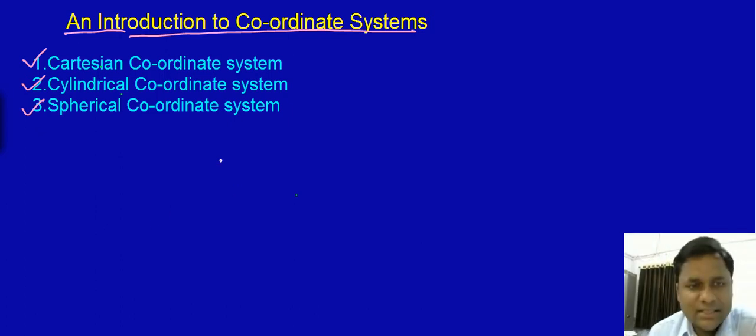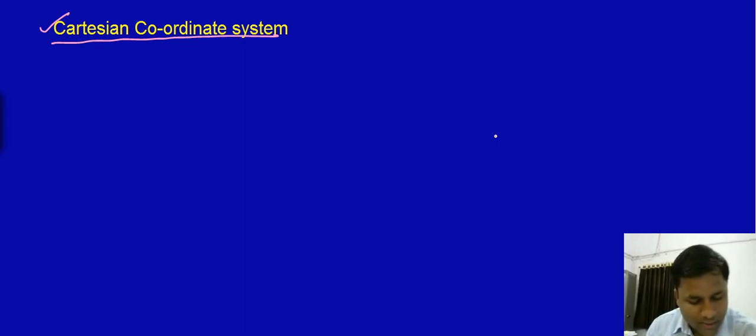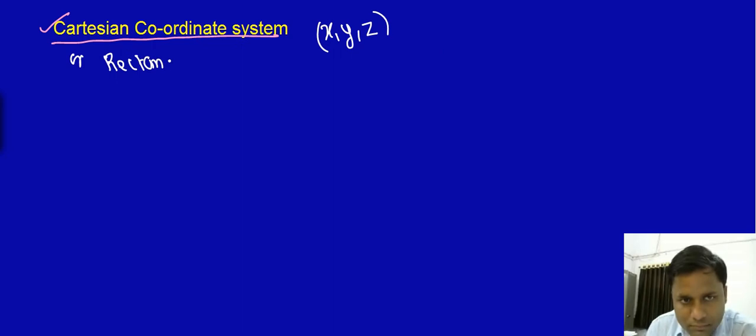We have to discuss each separately because it is very important in the coming lectures. Let's start with the Cartesian coordinate system, which can be represented as the XYZ system, or is also called the rectangular coordinate system.